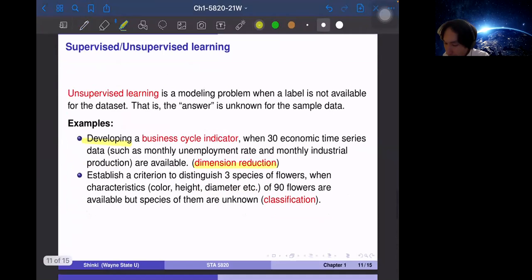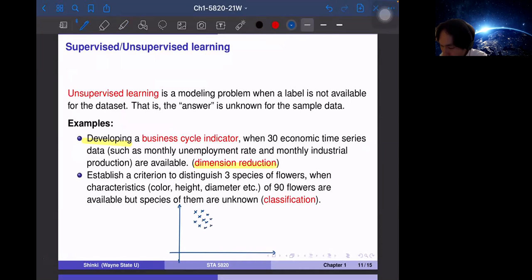Yeah, and the next example is actually a classification problem, but the unsupervised case. Think about the last slide where I did the classification problem, and we knew which observation corresponds to which species. But here, we don't have labels.